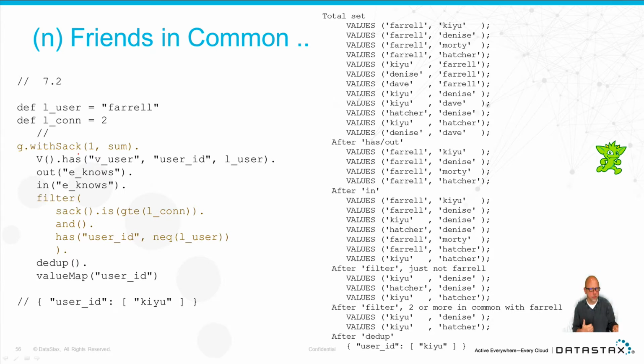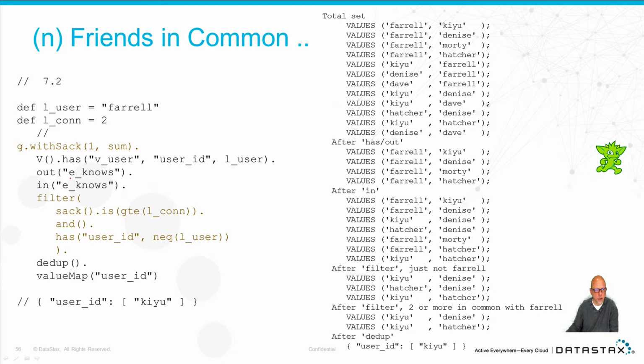So they're like subgroups, whereas as was global to the entire traversal, withSack is local to a traverser. And in this context, it means just Q's friends, just Denise's friends, whatever. And why do I need that? I need that because I'm going to start doing math on just the people Q knows, just the math of who Denise knows, just the math of who Hatcher knows.